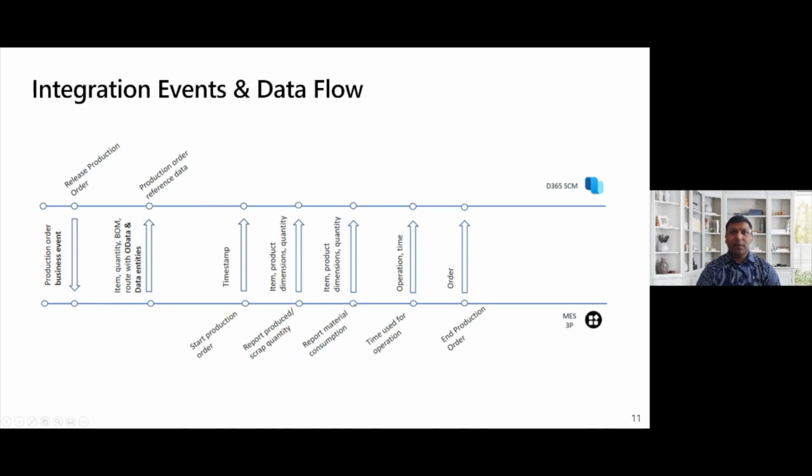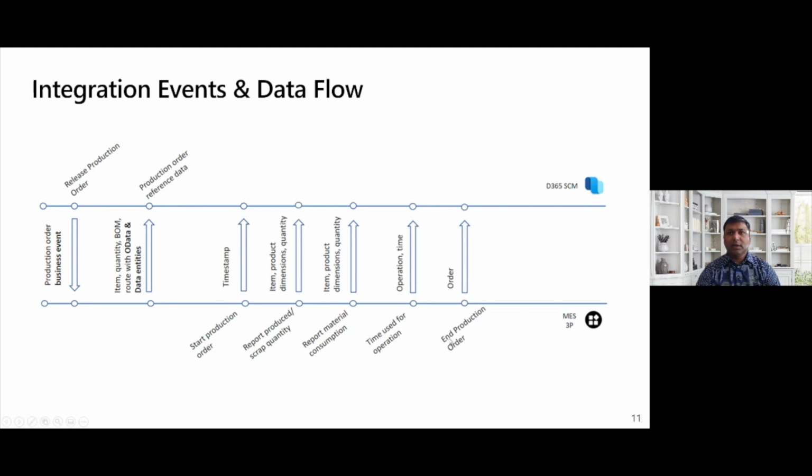And as the MES system consumes raw material, based on your flushing principle, if it's manual, the MES system can keep us updated on what raw material it's consuming and start posting the BOM consumption journal as well. Similarly, as each operation is done, the MES can report time on each operation and post the route card journal as well.